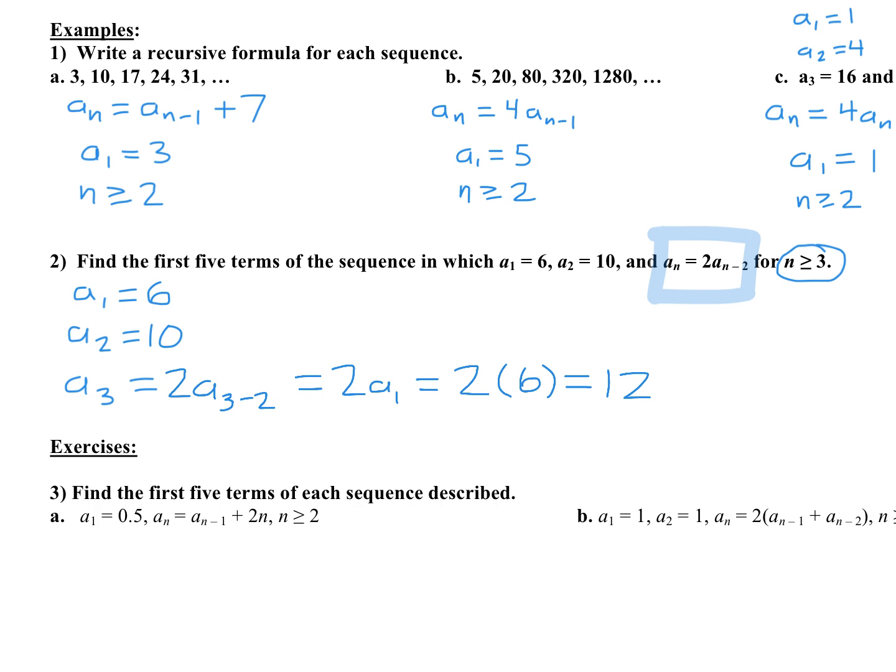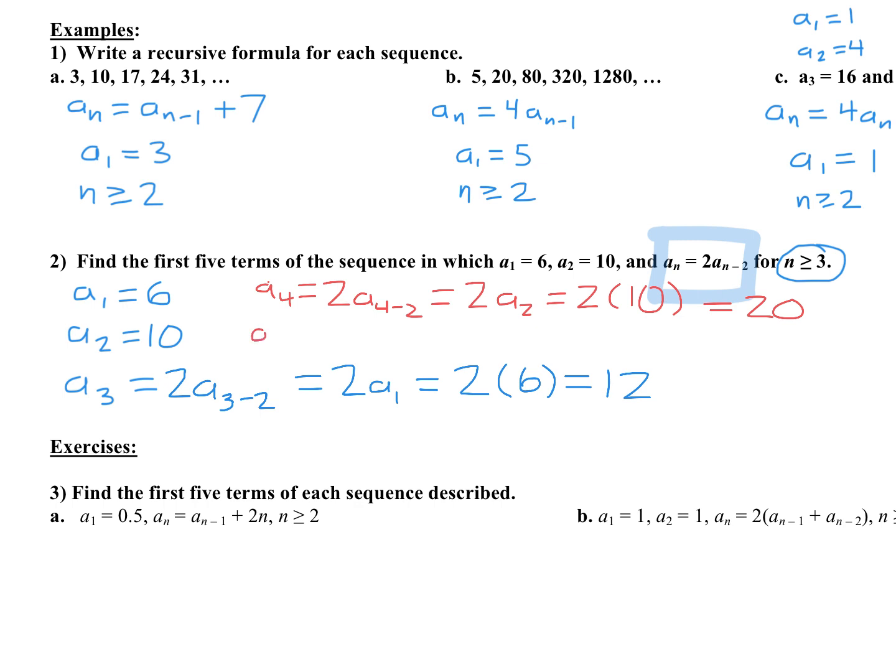I'm going to move up here to find A4 using the equation. Again, right now, n is 4. So n minus 2 is 4 minus 2. So we're looking for 2 times A2, which is 2 times 10, or 20.